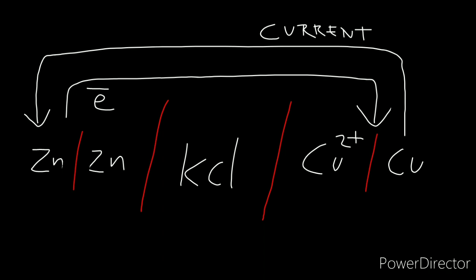For example, Zn | Zn2+ || saturated KCl or NaCl, whatever you use as salt bridge, || Cu2+ | Cu, and I represent the electron flow with this line from anode to cathode. So the current flow will be in the opposite direction, that is, current will flow from cathode to anode.